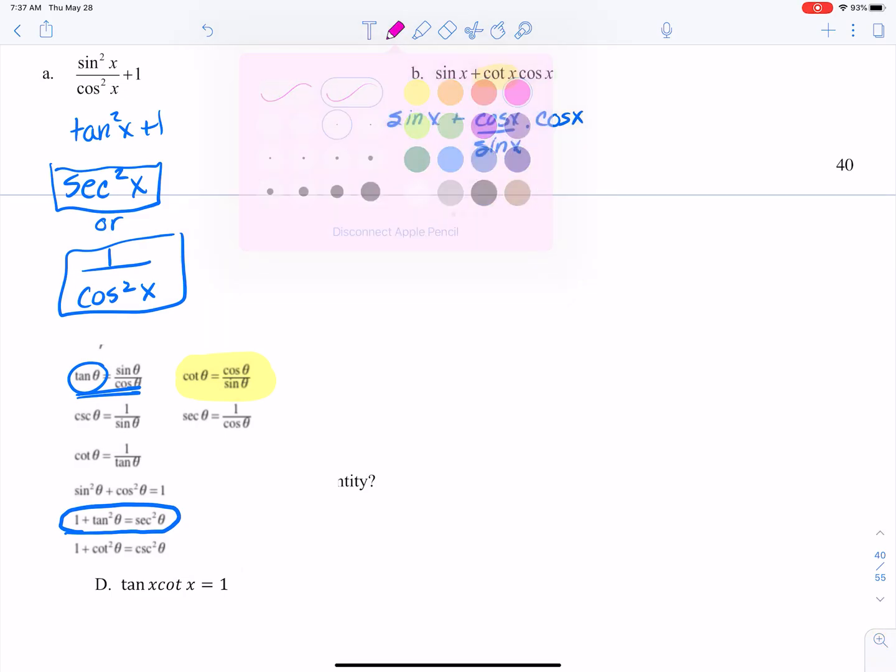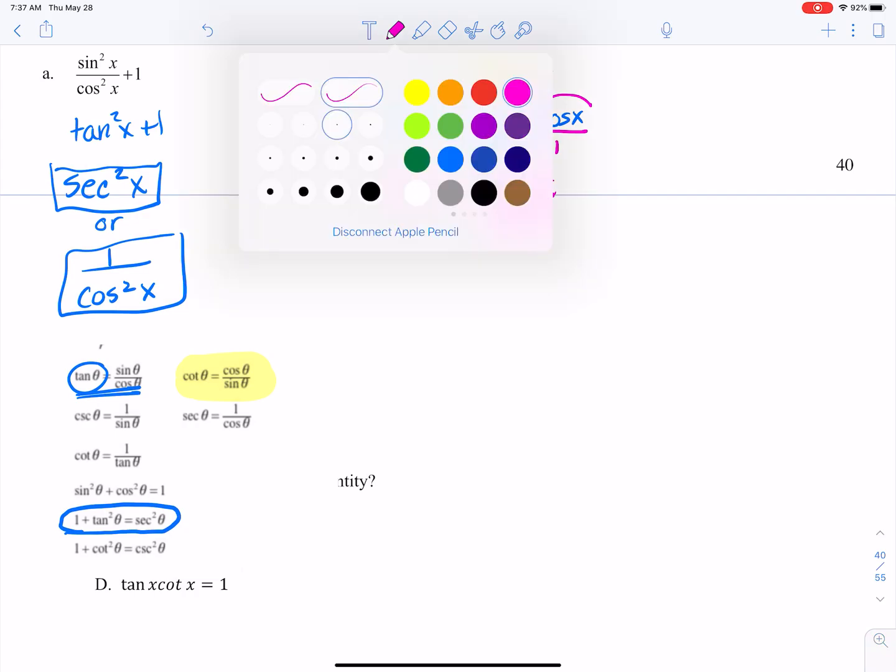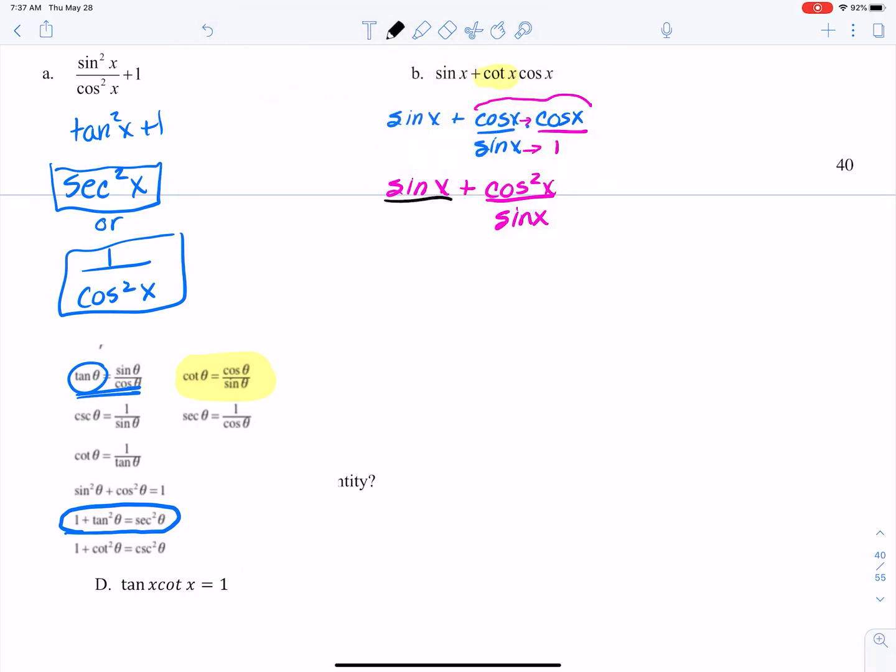Follow the order of operations. I'm going to do the multiplication first. When I multiply fractions, it's straight across. So that becomes cos squared x over sine x. Now I have a fraction, so I'm going to put them together by finding a common denominator, which is going to be sine x. So I need to multiply both top and bottom of the fraction to keep the equivalence.